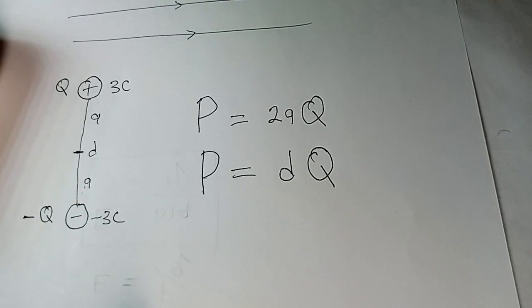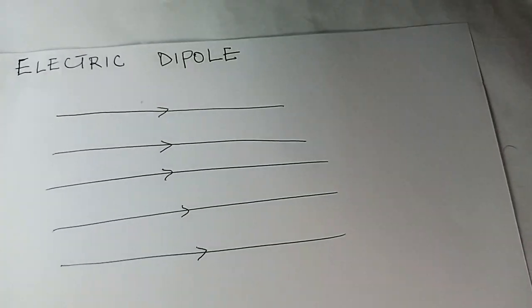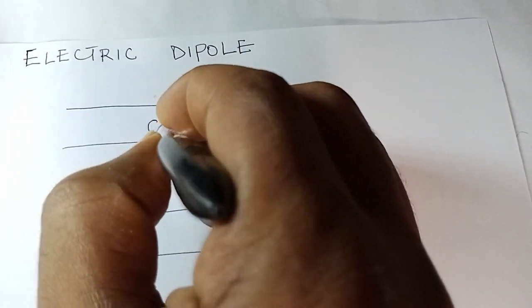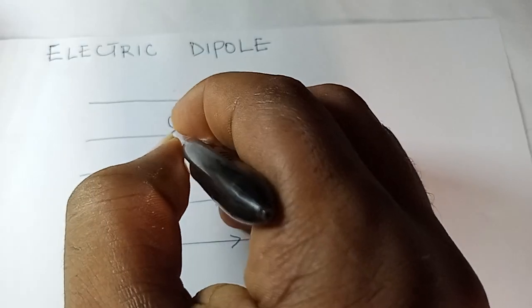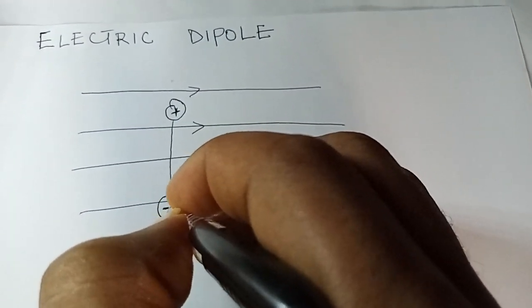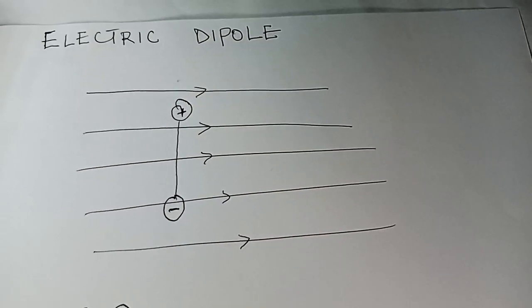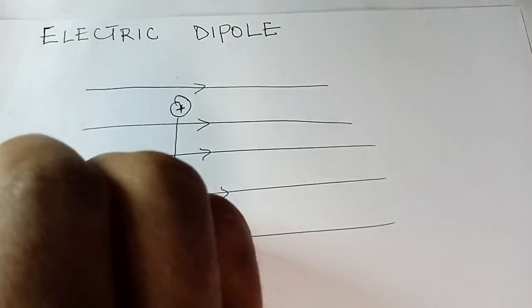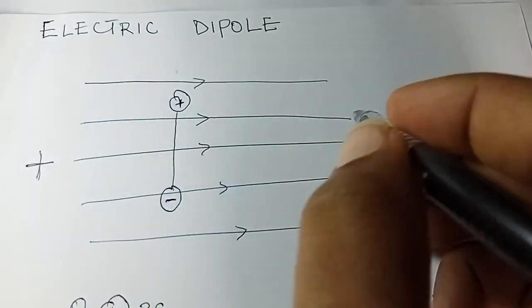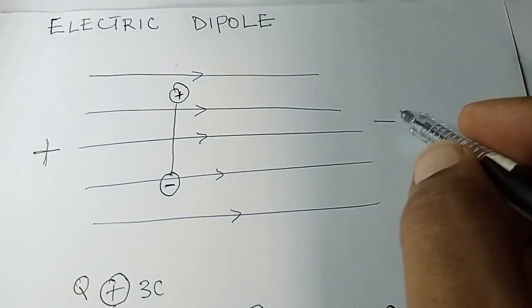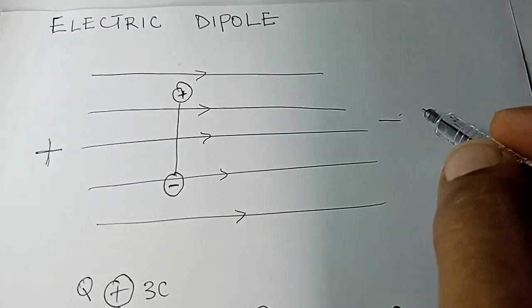Now, if a dipole is placed in an electric field, let's say this is the positive side of the dipole, this is the distance between, and this is the negative side of the dipole. The dipole will feel a tendency to rotate. Why? This is the positive direction of the field, this is the negative direction of the field.